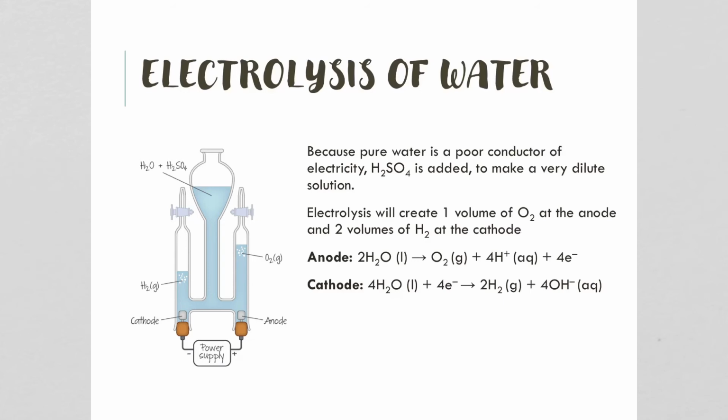You can see here we've got 2 water molecules becoming an oxygen, 4 hydrogen ions and 4 electrons. And at the cathode, it's undergoing reduction. So those 4 water molecules will take on the 4 electrons and become hydrogen gas and 4 hydroxide ions. So we end up with 2 parts hydrogen and 1 part oxygen.